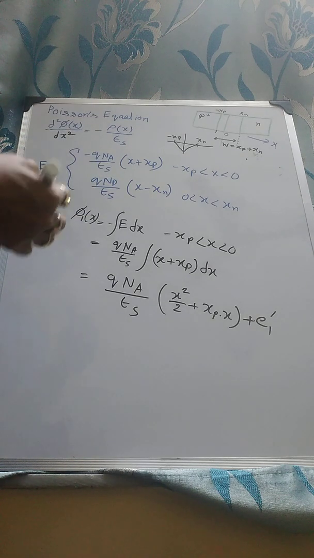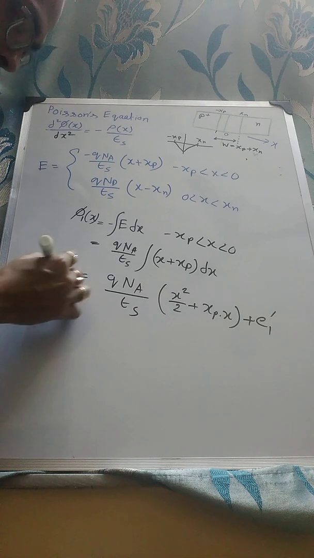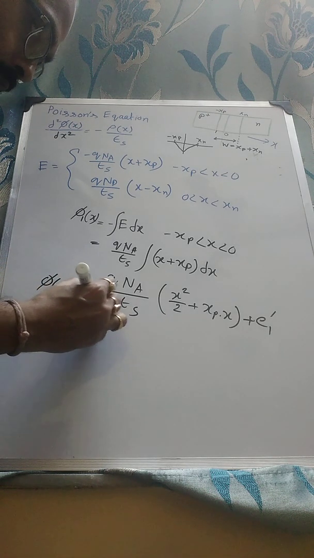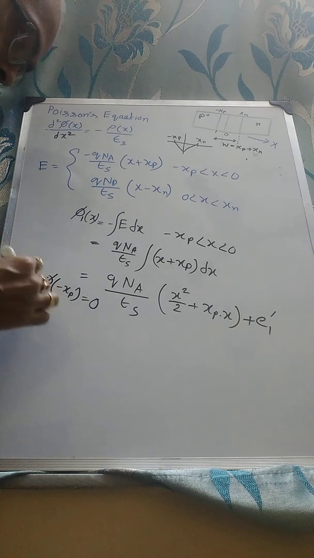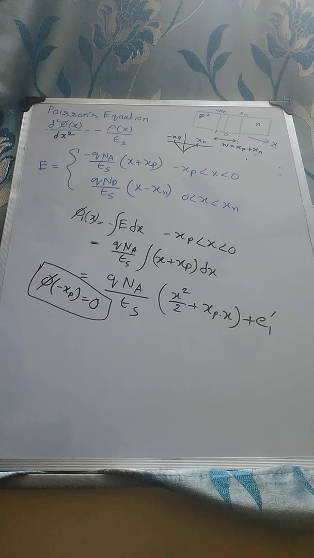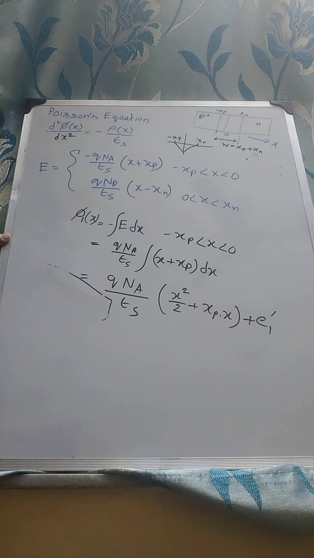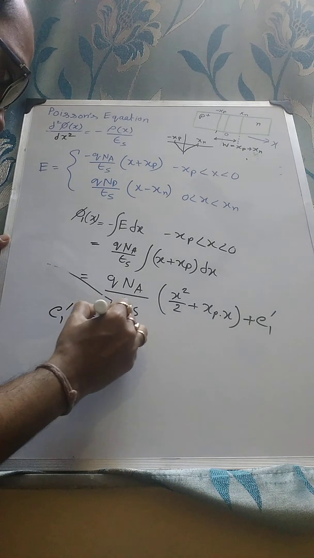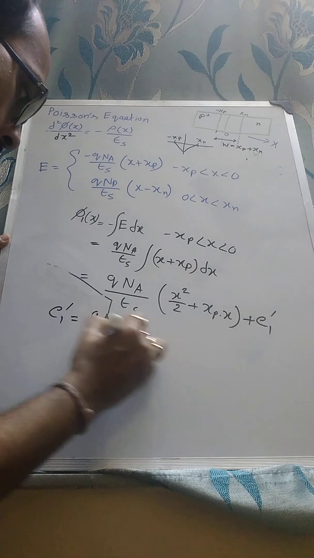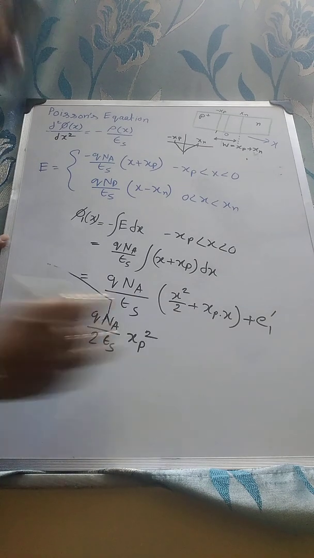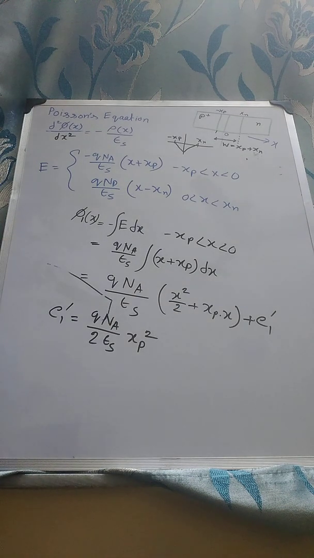So we are taking that reference and putting it as 0. So my condition now becomes that phi of minus Xp would be 0. This is the condition I am going to put in this equation, and if you do that, the value that you would get is simply C1 dashed is nothing but QNA by twice epsilon s times Xp square, right?